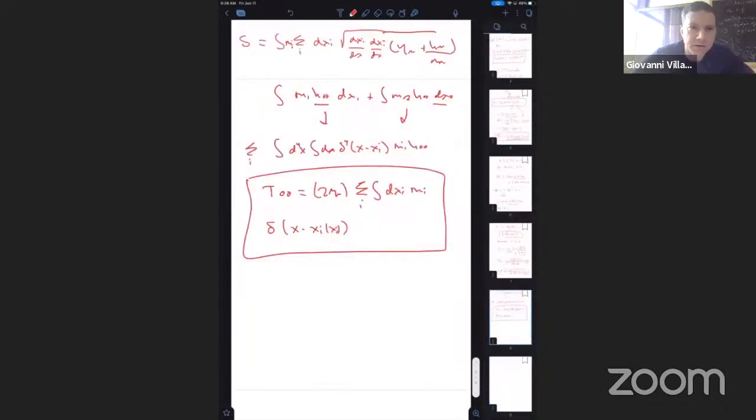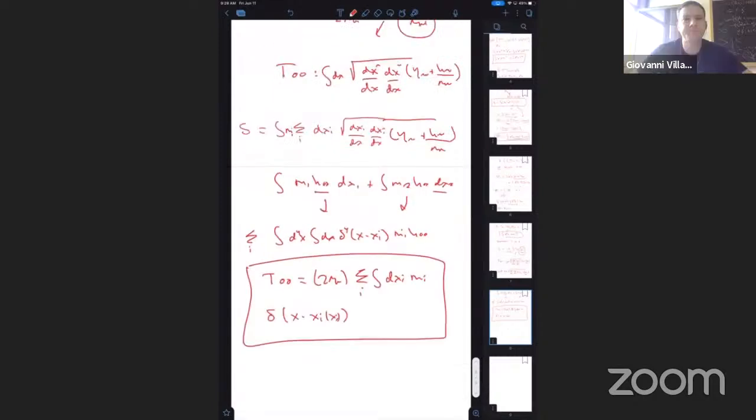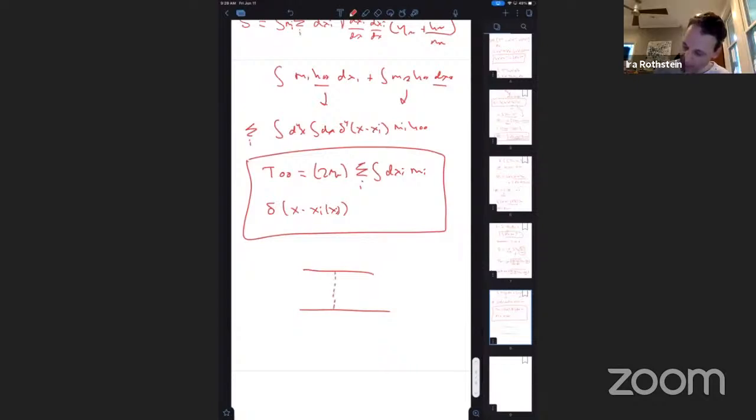Okay, now yes. So this is the leading order T naught naught, right? And all it is is the coupling to the masses of the particles. Now you could calculate the corrections to T naught naught. So in addition, for instance, we know that the radiation graviton couples to all sources of energy.